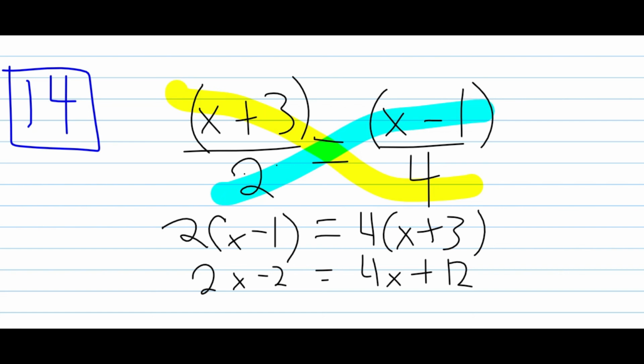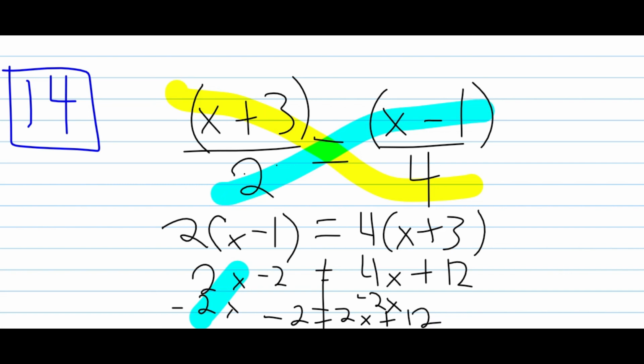Now I do the same thing with trying to get the variable by itself. So I'm going to bring the 2x to the right side because 2x is the smaller number. Subtract 2x to both sides. This side on the left cancels out, so I'm left with -2 equals 2x plus 12.